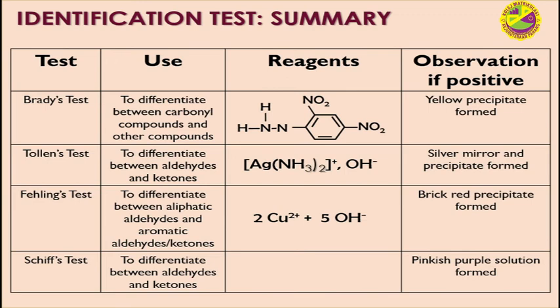And lastly, Fehling's test is used to differentiate between aliphatic aldehydes and aromatic aldehydes or ketones. The reagents are 2Cu2 plus and 5OH minus. If there is aliphatic aldehyde, the observation will be positive, which is brick red precipitate form.